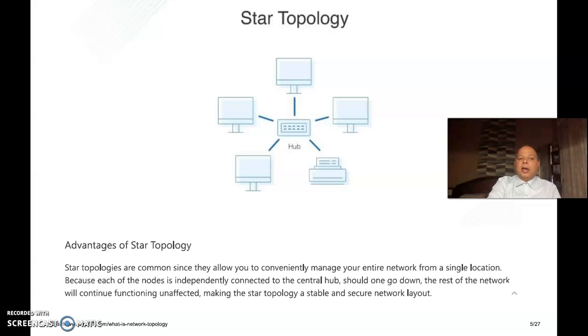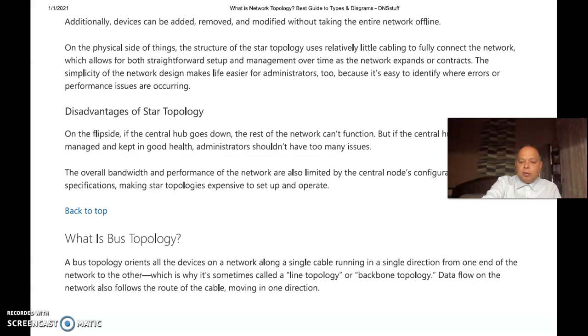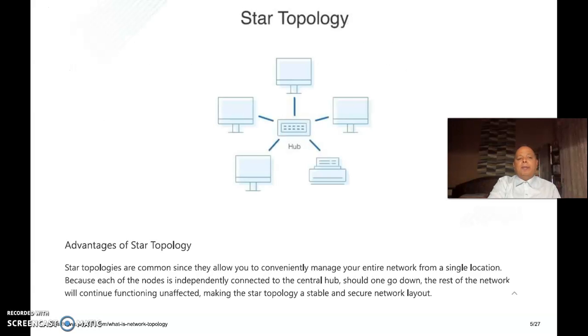Now, as I said, there are advantages and disadvantages also, two sides of the coin. So star topologies are common because they can be very easily designed and deployed on the field, and even managing the network is concerned. This particular network topology is very useful because you can manage the network in a very simple manner.